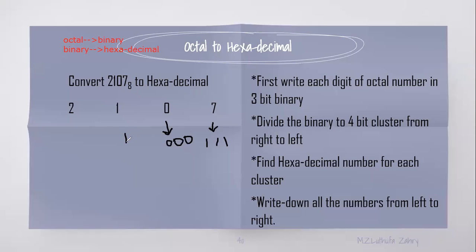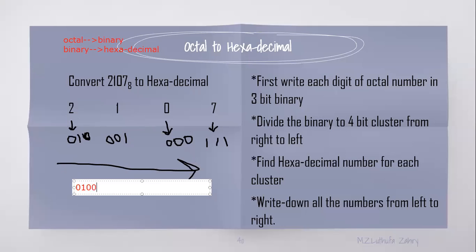For 1, it is 1 in binary, but add 2 zeros in front. For 2, it is going to be 0, 1, 0. Now from left to right, combine it and write it together. You will get 0, 1, 0, 0, 0, 1, 0, 0, 0, 1, 1, 1.